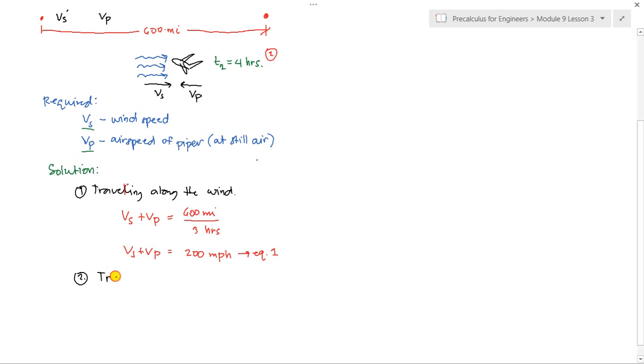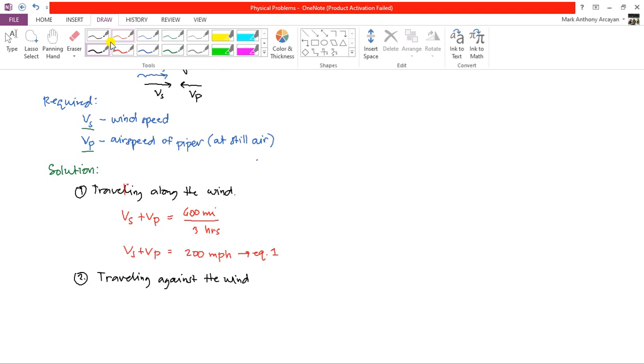So here, the second condition is traveling against the wind. What is the operation between the wind speed and the air speed of the Piper?